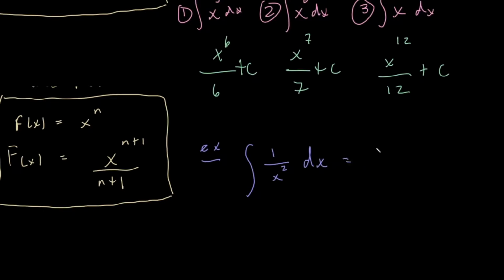Isn't it actually x to the negative 2? So let's go ahead and write that. I increase the exponent by 1, and by increase I mean in the positive direction. So if I'm going in the positive direction 1 unit from negative 2, that means negative 1. And I divide by that new exponent. To divide by negative 1 just makes a negative. So here is my antiderivative.